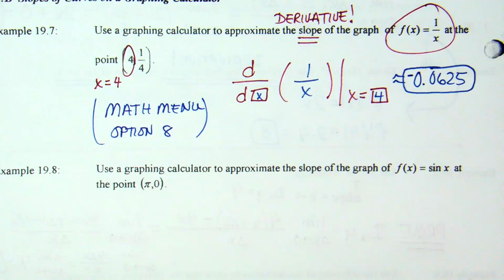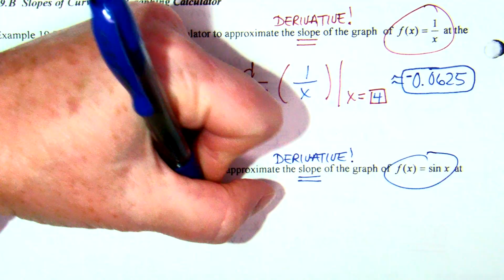They gave you a function, and what value do you need to use? Pi. So, d dx of sine x at x equals pi. You put sine x into those parentheses around the x.